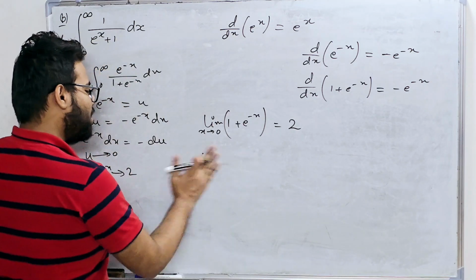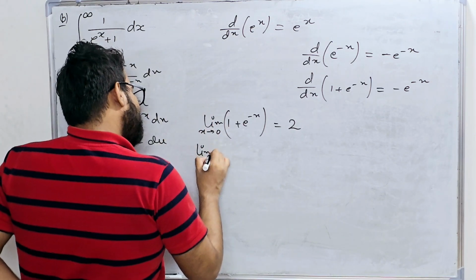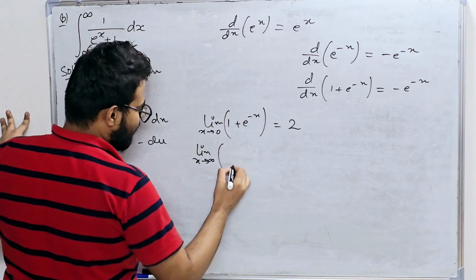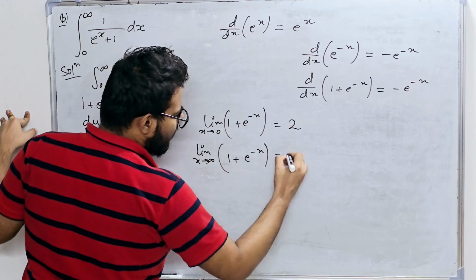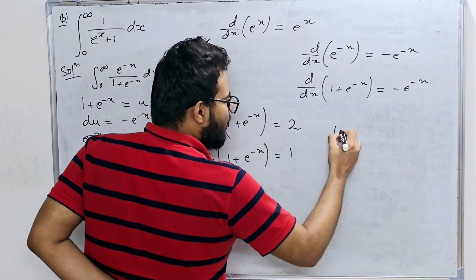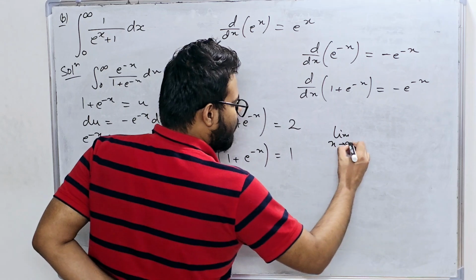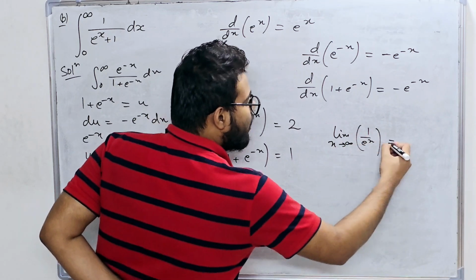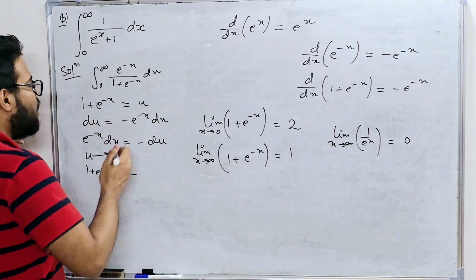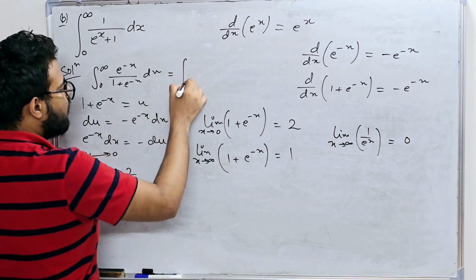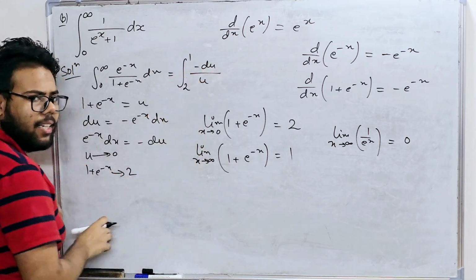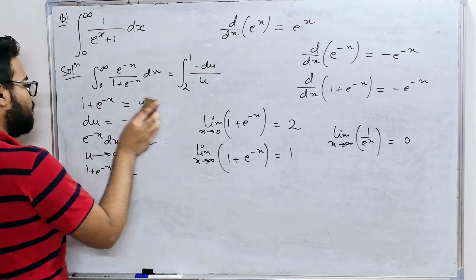And observe that as x tends towards infinity, 1 plus e to the power minus x tends towards 1. Do you agree? Why? Because the limit as x tends towards infinity of 1 upon e to the power x is indeed 0. Which means the limits change like this: from 2 to 1 of negative du upon u, right? Is it correct?